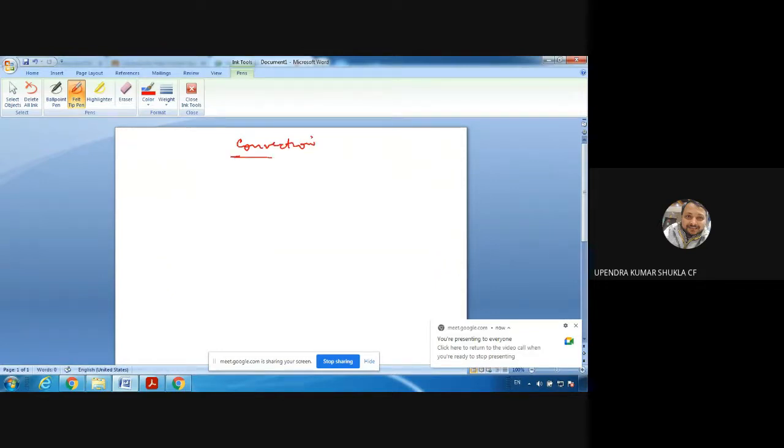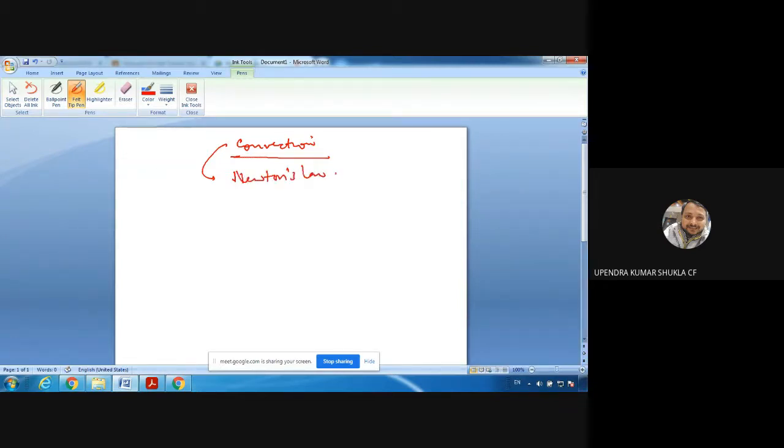When I was discussing heat transfer in general, I told you that this is governed by Newton's law of cooling. What is that law?